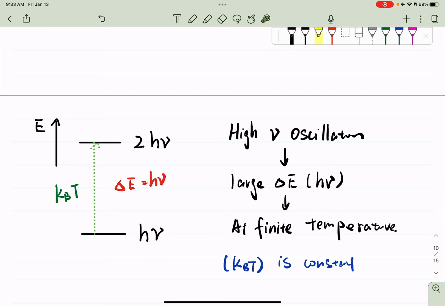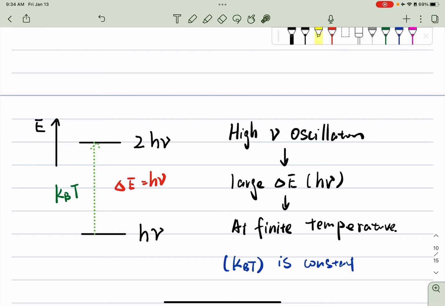So when we have a higher frequency oscillator, it means my nu is bigger, and my h is a constant. That means my delta E is going to get bigger, right? But when this delta E is getting bigger, my thermal energy is a constant number at a given T, right? kBT, that's a constant number. So the energy gap gets bigger, and you have a lower probability of having enough kBT to activate that higher energy level.